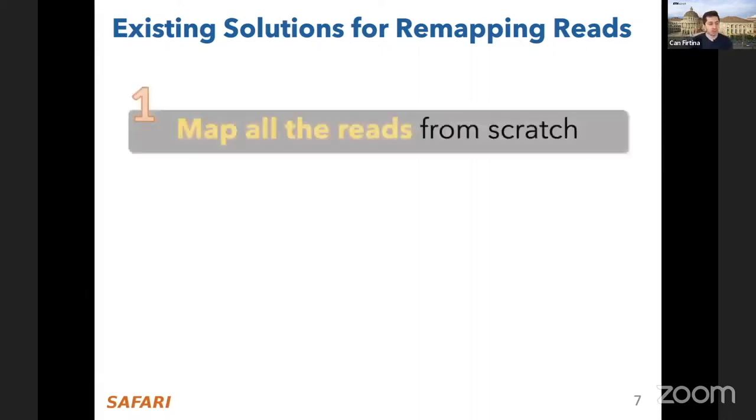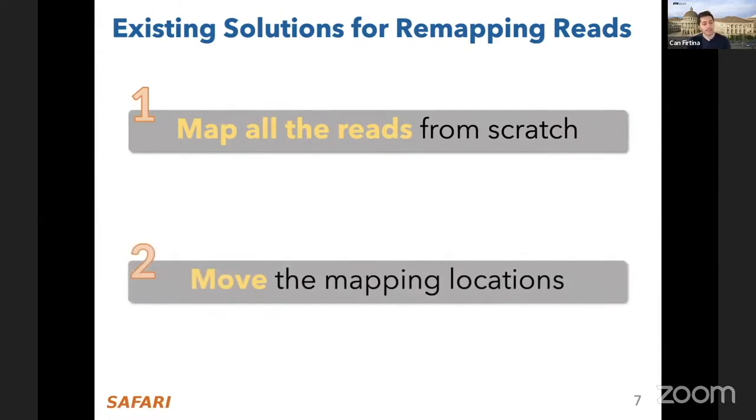The first solution is to map all the reads from scratch to the new reference genome without utilizing whatever information we have in the old reference genome mapping. And the second is to utilize some information that we have in the old reference genome mapping, and then move the mappings to their corresponding locations in the new reference genome without mapping all the reads from scratch.